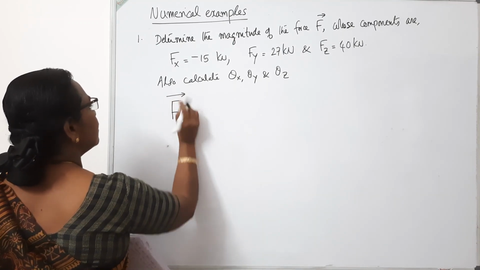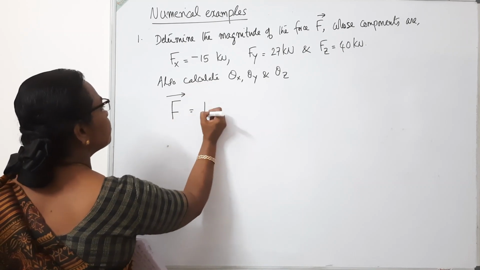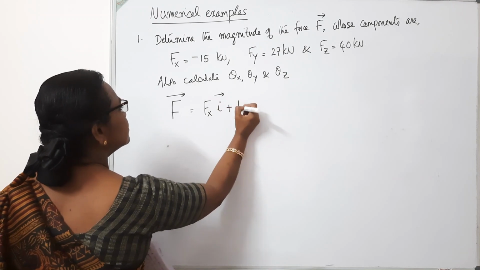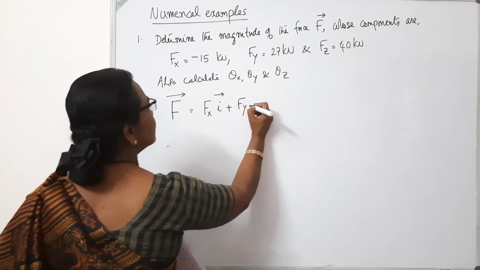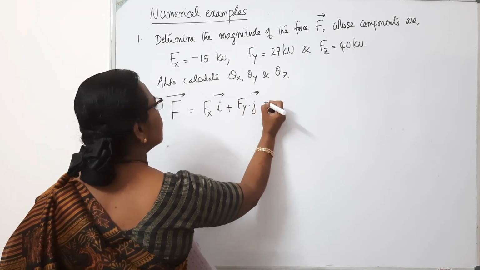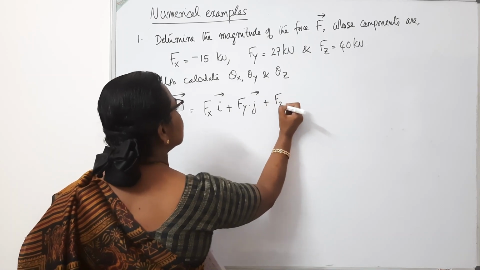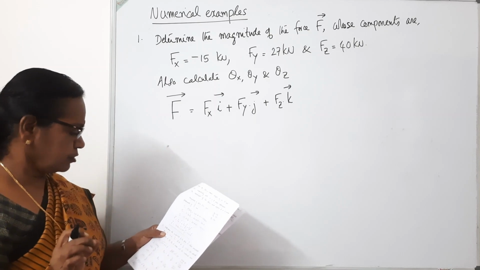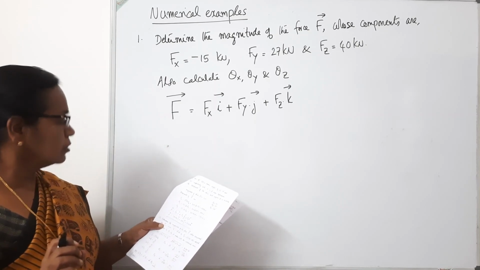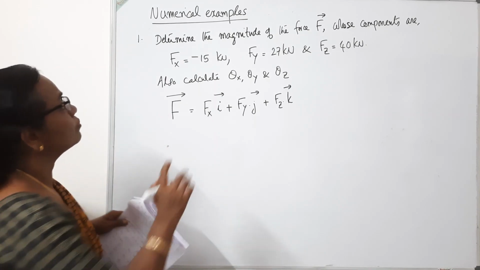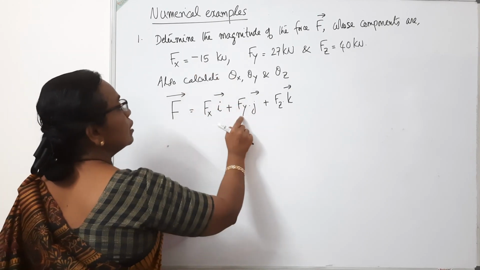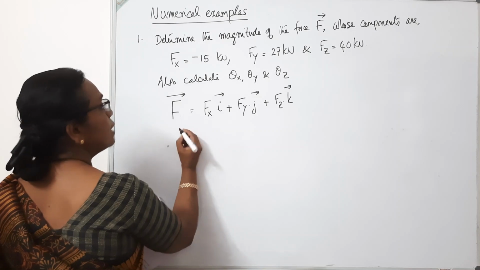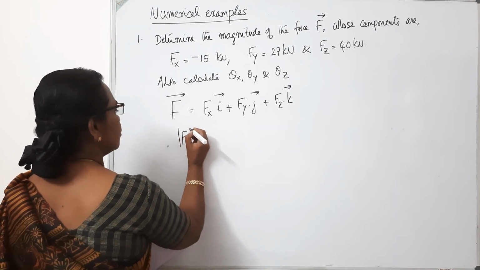Here, Fx, Fy, Fz are the components of the force. How will you represent a force vector? A force vector F is represented by Fx i plus Fy j plus Fz k. We are given Fx as minus 15, Fy 27 and Fz 40. So what is the magnitude of the force?